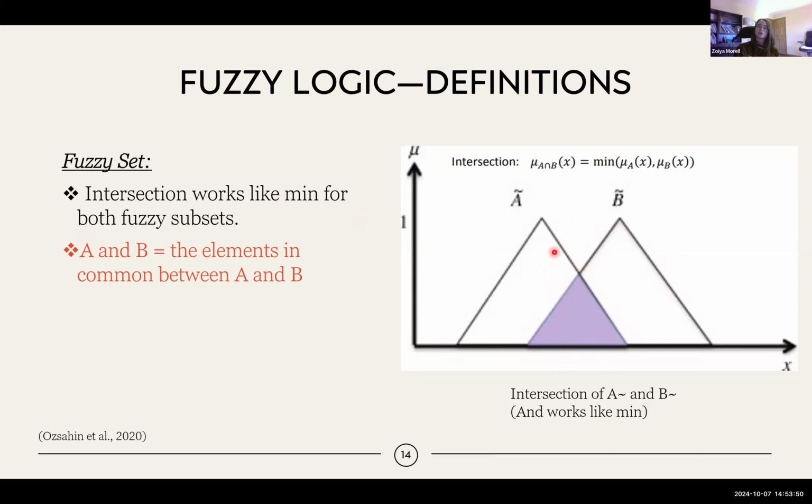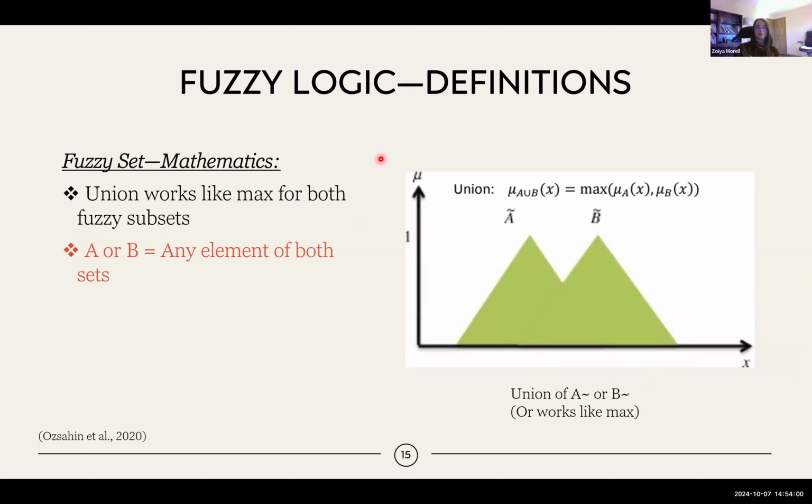So for example, say this was cute and this was cuddly. The animals that are both cute and cuddly would only be in this range. We can also do the same thing with union, and this works like max for fuzzy subsets. So A or B is any element of both sets. In this case, if we're looking for something that's cute or cuddly, you could pick anything from either fuzzy subset.